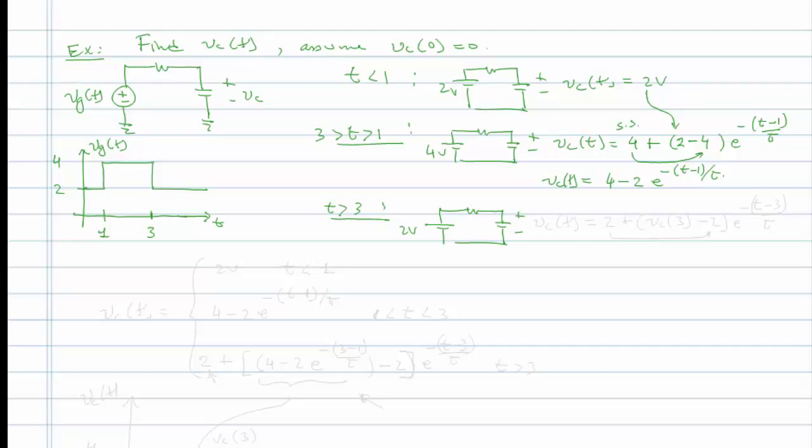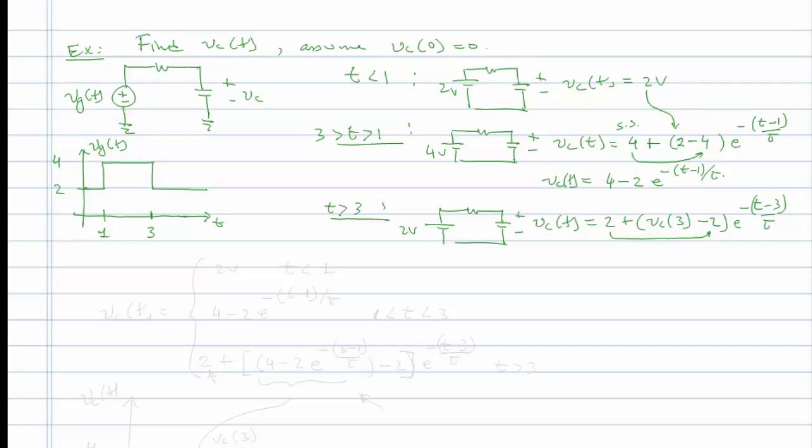So now VC of t has a new steady state value of 2 volts, plus the value of the capacitor at time 3 seconds, VC at 3 seconds, minus 2, times e to the minus (t minus 3) over tau.